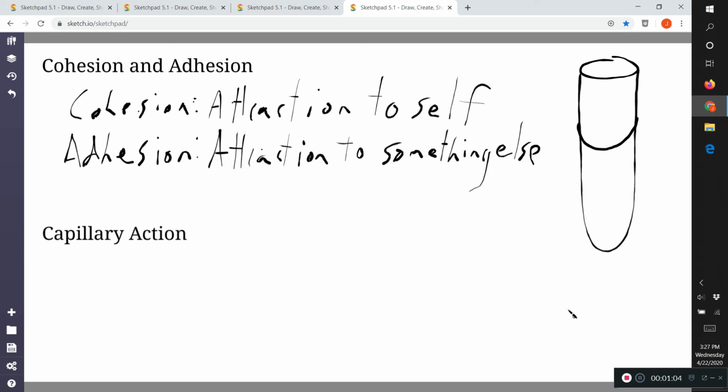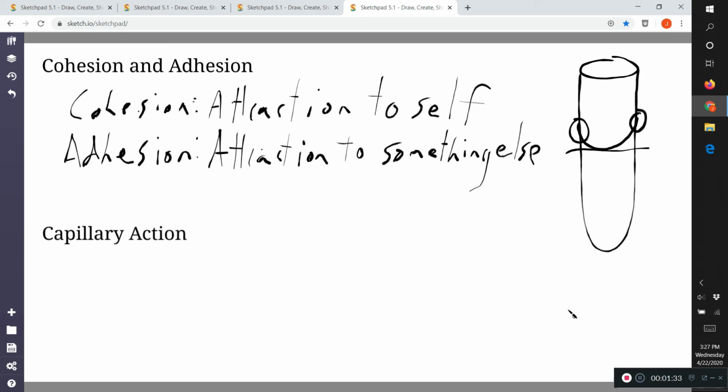So, in this liquid, the water has adhesion to the glass and cohesion with itself. And the fact that those two aren't balanced basically allows the water to cling to the glass to create a meniscus. So that is one example of cohesion and adhesion.